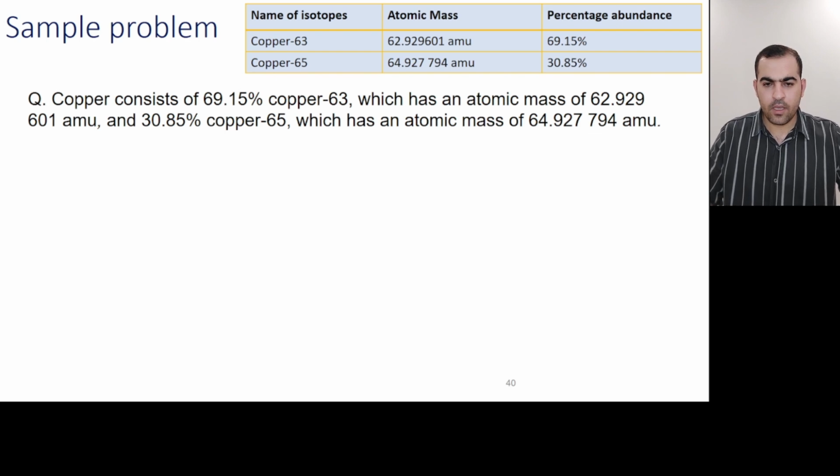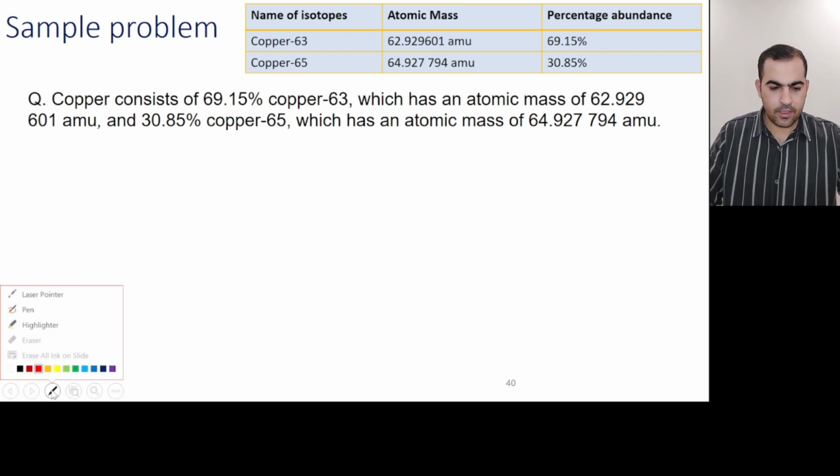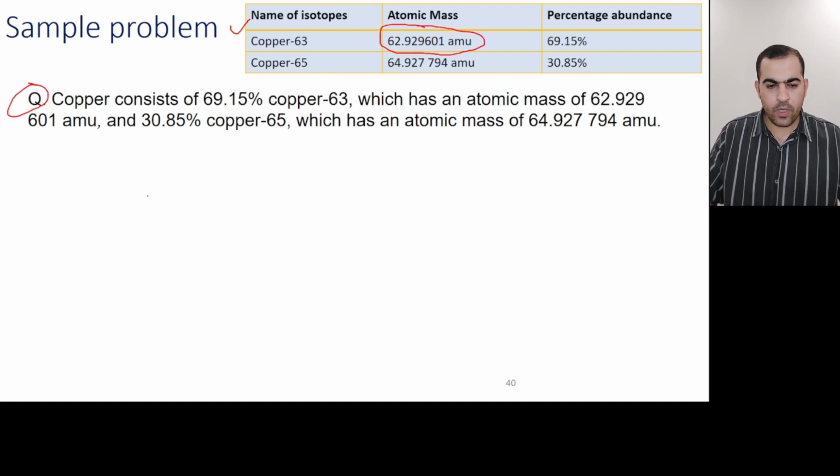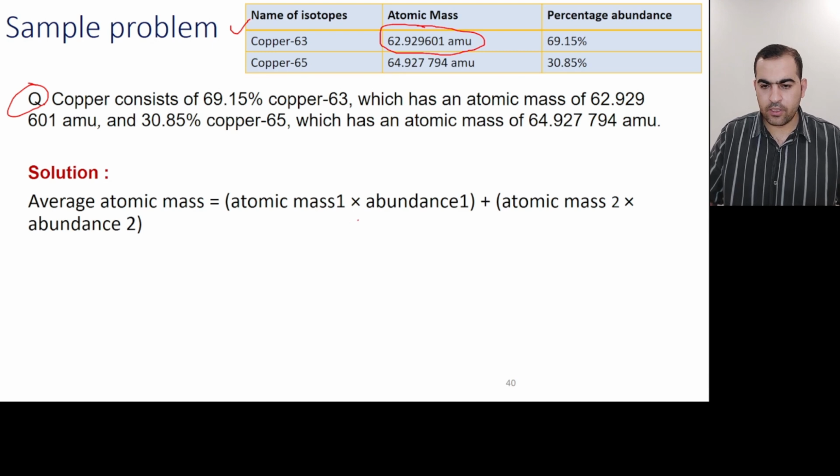In the exam I might give a table or words. Here the atomic mass is given and the percentage is also given. We have the rule: atomic mass 1 we put here. For percentage we must divide by 100, both of them.